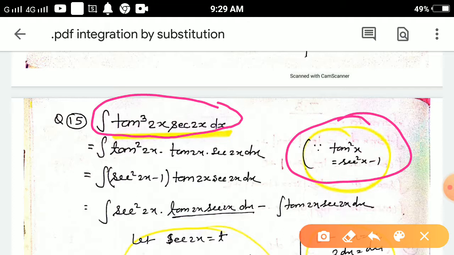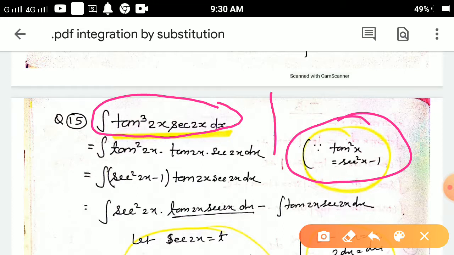Now on multiplying by tan 2x sec 2x in both the parts, we get integration of sec square 2x tan 2x sec 2x dx minus integration of tan 2x sec 2x dx.